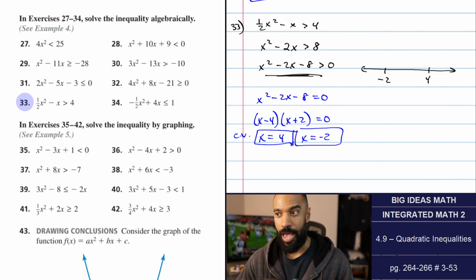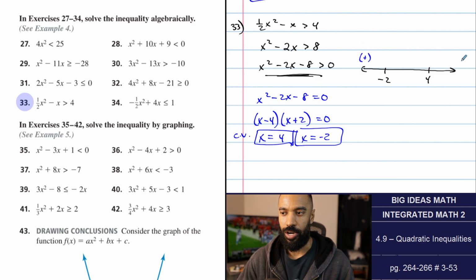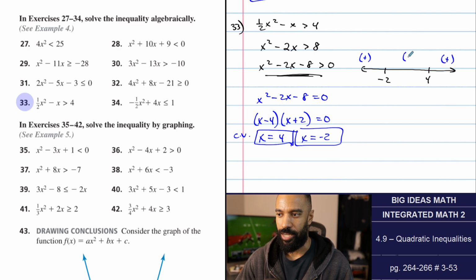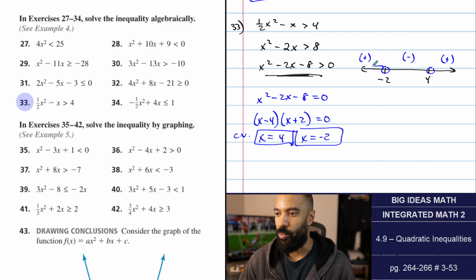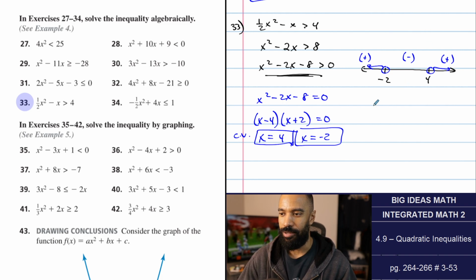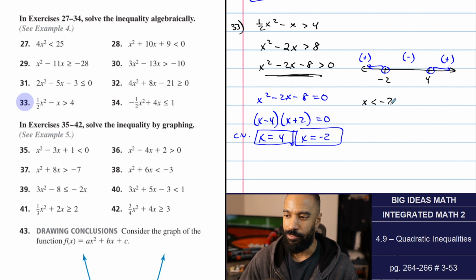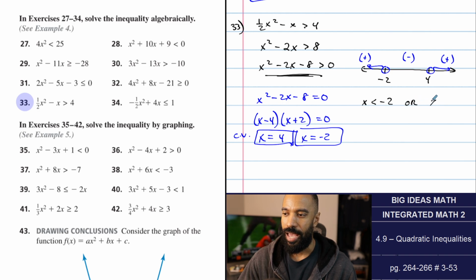We want positives. I mean, for my sake, the positives are, with the positive stretch factor, going to be outside of here. Here's the negative, and these ones don't count. You can try plugging numbers like negative 3, 0, and 5. You plug in 0, you'll get a negative. Plug in negative 3 or 5, you'll get positives out of those, which is what we want. Numbers greater than 0, which will look like these guys here. Your solution set here is x is less than negative 2, or x is greater than 4. And you know what?